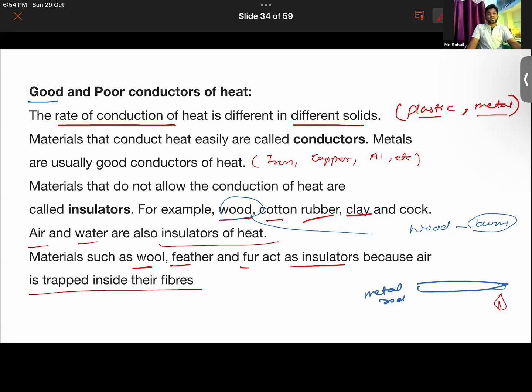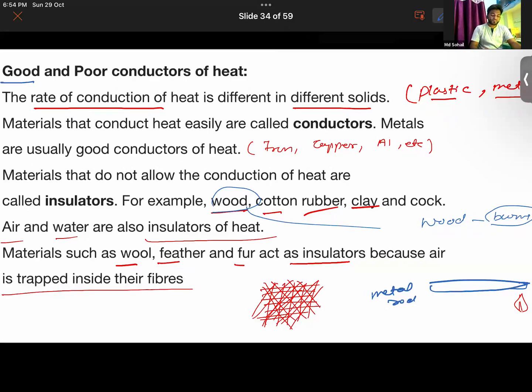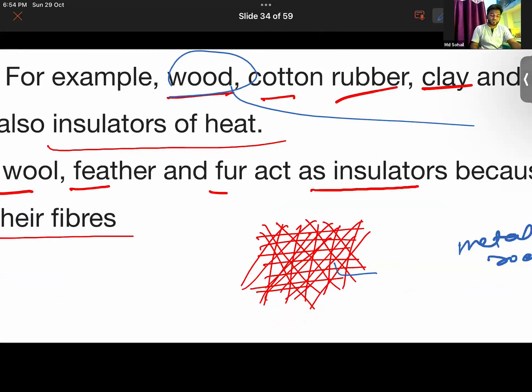So the reason why we wear woolen clothes in the winter is that if you look at the winter clothes, they have very fine fibers. The fibers might look like this, and in them there are tiny pores, these air pores.